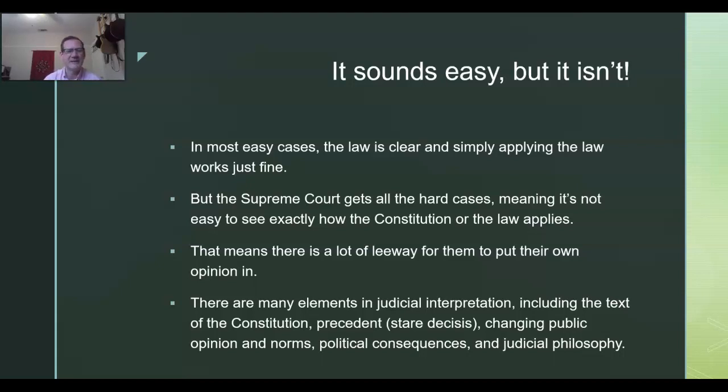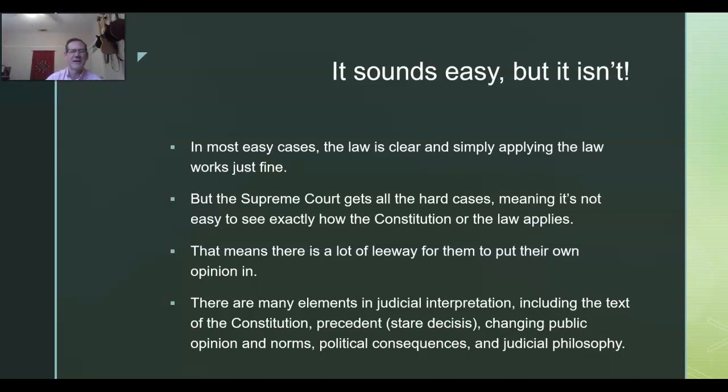Changing political opinions and norms. So people's opinions change on something like gay marriage. Justices are people, and their opinions start to change. When you look at 30, 50, 70-year time frames, people's changing opinions and norms are an important factor in judicial interpretation.